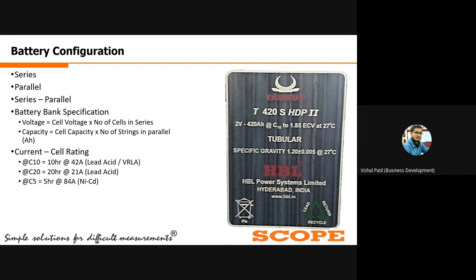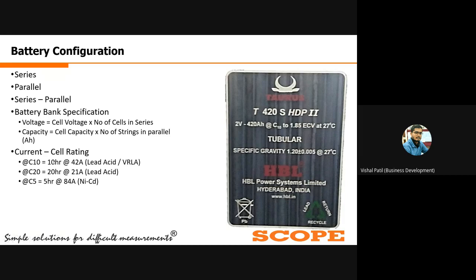For example, if it is a C10 cell, then this particular cell can be used for 10 hours. Say this is a 420 ampere hour cell. Since it is a C10 rated cell, you can use that cell to deliver 42 ampere for the entire 10 hour duration.